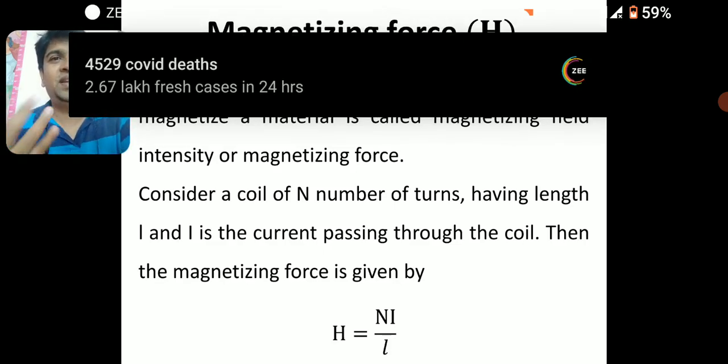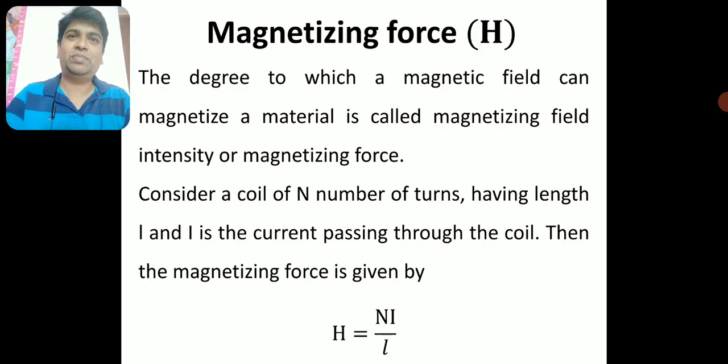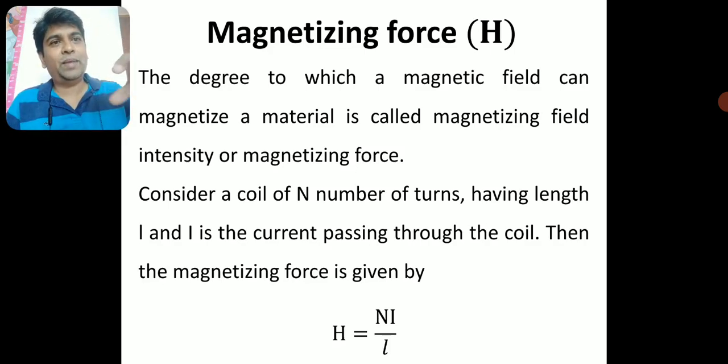It is called magnetic field intensity or magnetizing force. Okay. Now how can we differentiate this from the intensity of magnetization? That is the extent to which a material is magnetized. This is the degree to which a magnetic field can magnetize a material.